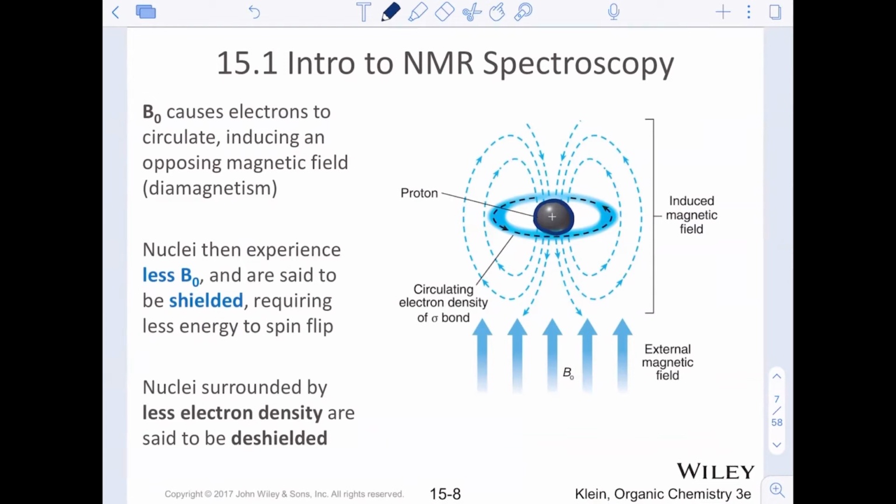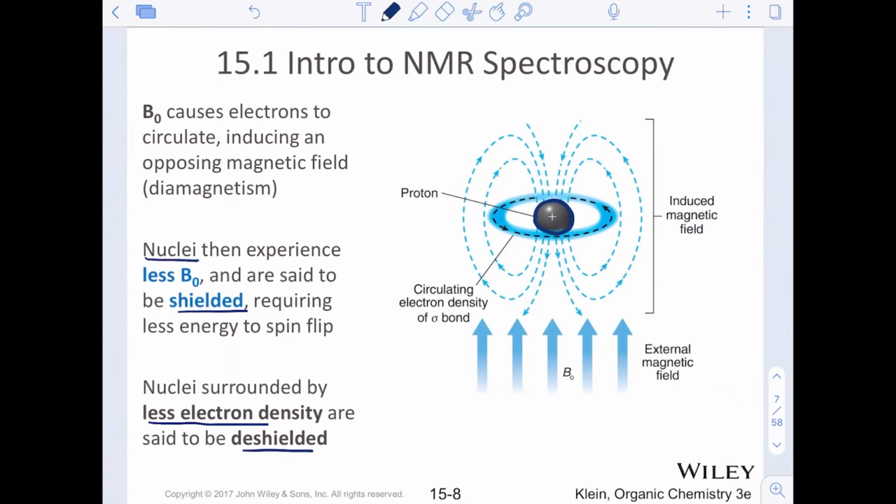So nuclei surrounded by less electron density are said to be de-shielded. Nuclei around more electron density are what we call shielded. And their energy to flip between the alpha and the beta spin states are different.